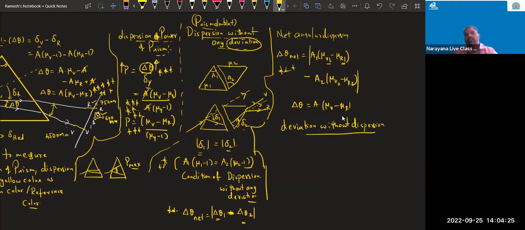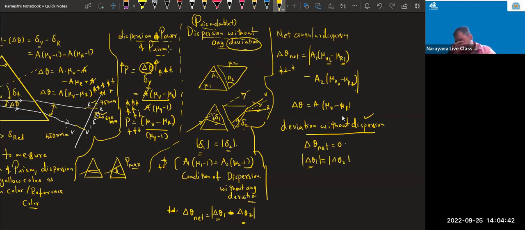In the name only it is there. Without dispersion means net angular dispersion how much here? Compulsorily 0. Means angular dispersion due to the first prism must be nullified by what here? Angular dispersion due to the second prism.